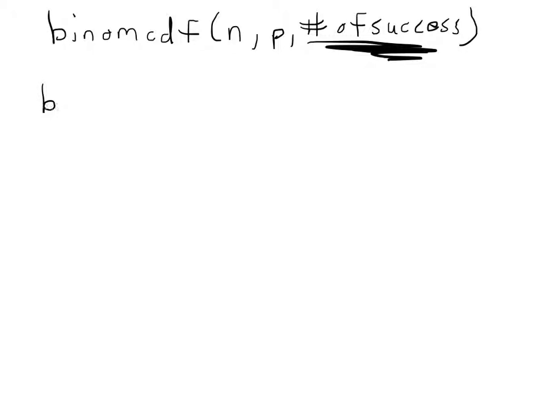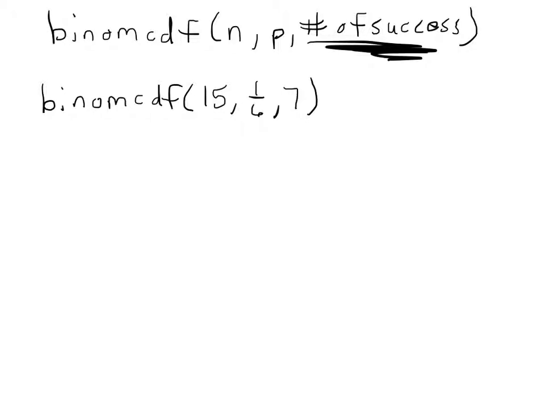So if I did say binomial CDF of 15, 1/6, and 7, that would compute the probability of 0 successes, 1 success, 2 successes, 3 successes, all the way up to 7 successes, and add all of those together.